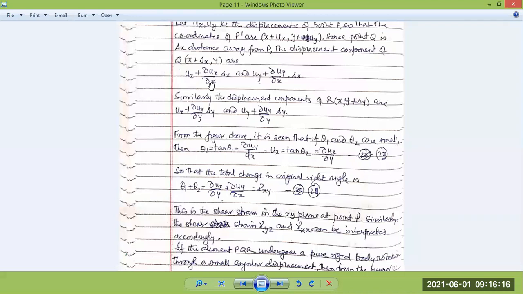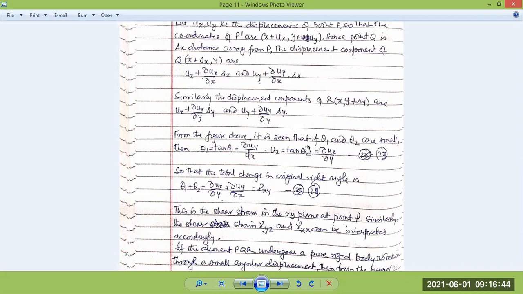Here we are judging the rate of change of ux and uy with the change in delta x, and here with the change in delta y.